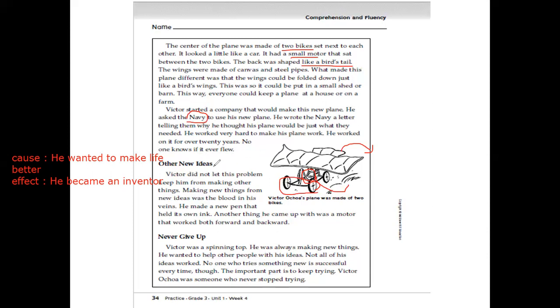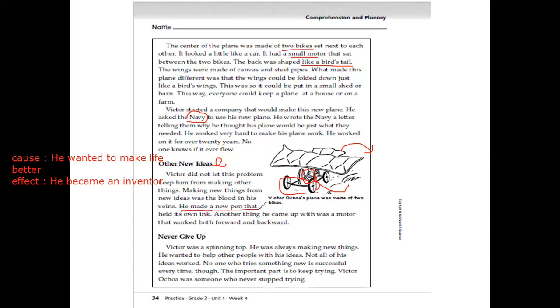Other new ideas. So he didn't invent one thing, he invented more than one thing. Victor didn't let this problem keep him from making other things. Making new things from new ideas was the blood in his veins. He made a new pen. This is another invention.